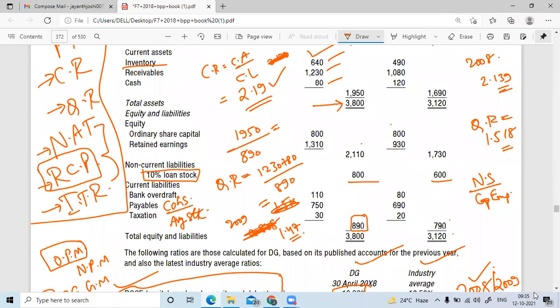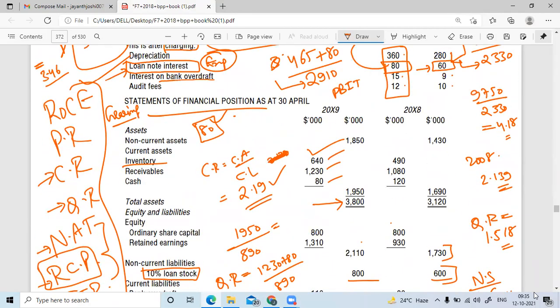So what is the status of your equity? And this is the debt. Your debt has increased by 200, but there is no change in equity. Your debt has increased.